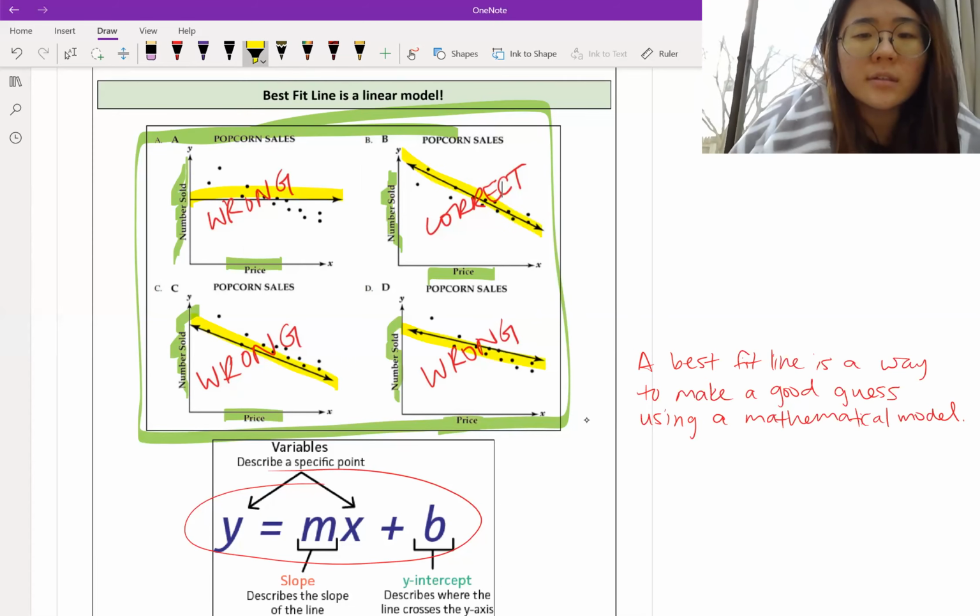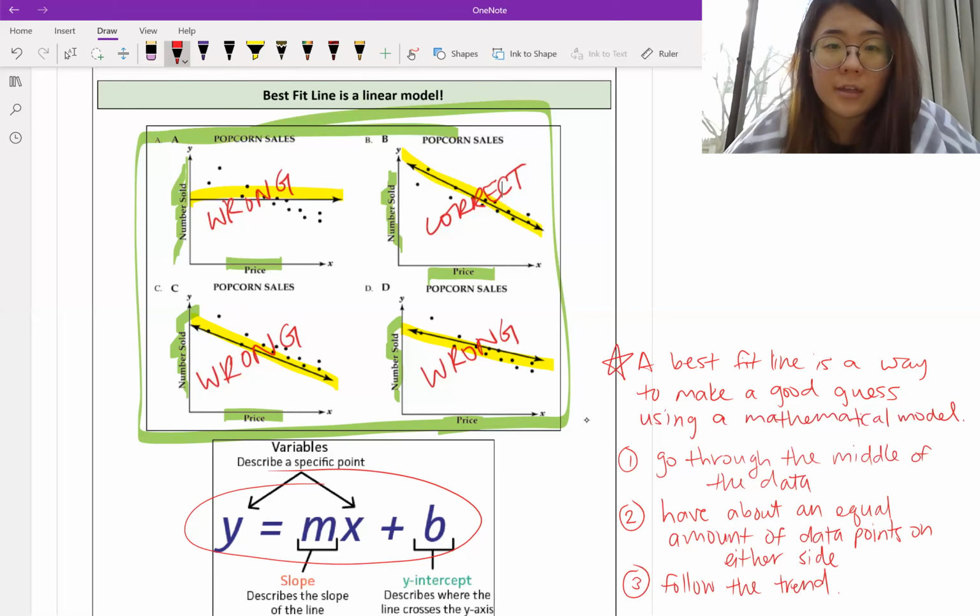And three, it should follow the trend. Trend meaning, is it positive, is it negative, or no correlation? If there's no correlation, actually there is no best fit line. In that case, there wouldn't be a trend to model anyway. So it's either going to be positive or negative.